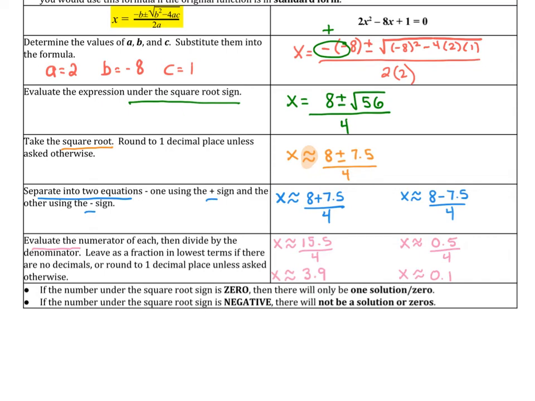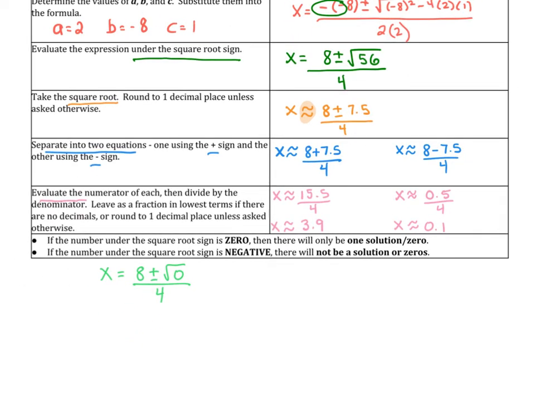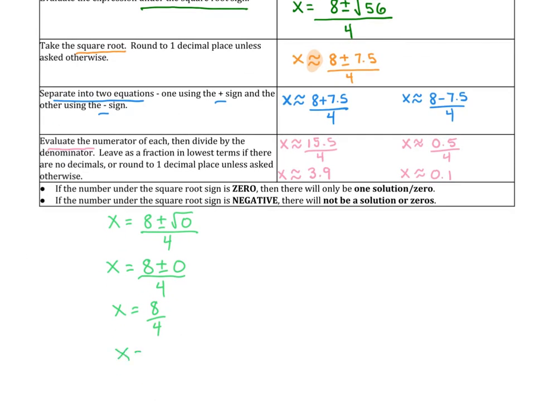So, for example, if it looked like x is equal to 8 plus or minus the square root of 0, over 4, that would just be x is equal to 8 plus or minus, and the square root of 0 is 0. And since 8 plus 0 is the same as 8 minus 0, it's just 8. And then 8 divided by 4 is 2.